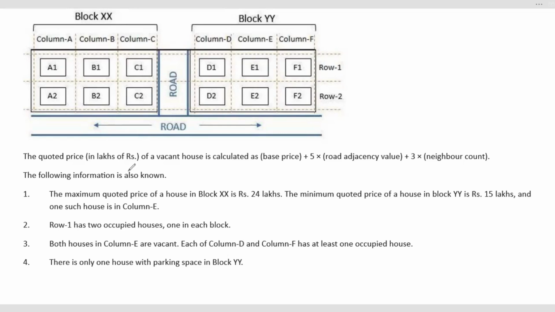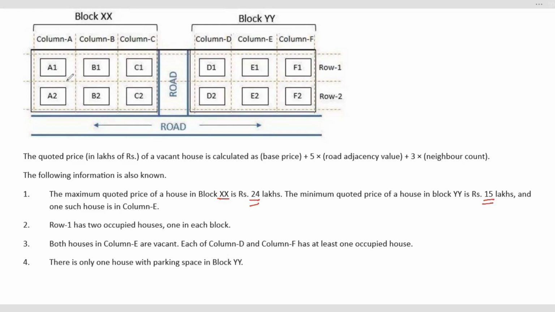Look here, it has mentioned the added part. First of all, we can calculate the price as per the given information. Now the added part: the maximum quoted price of a house in block XX is 24 lakhs. The minimum quoted price of a house in block YY is 15 lakhs.